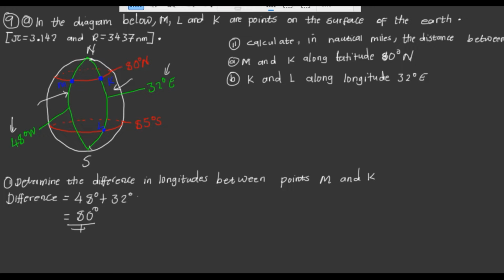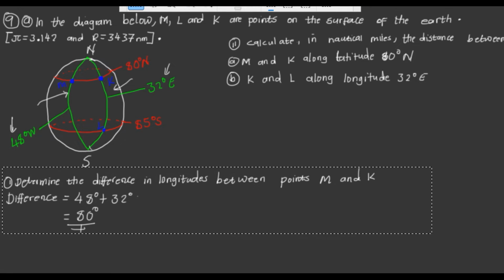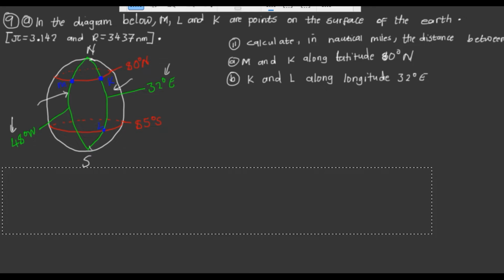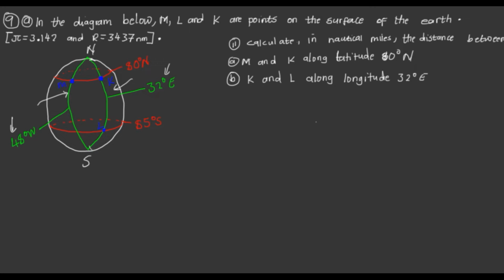Now, after finding the difference, we can proceed with the question to calculate in nautical miles the distance between M and K. So here we have the center, and this distance is what we are trying to find: the distance M and K in nautical miles.